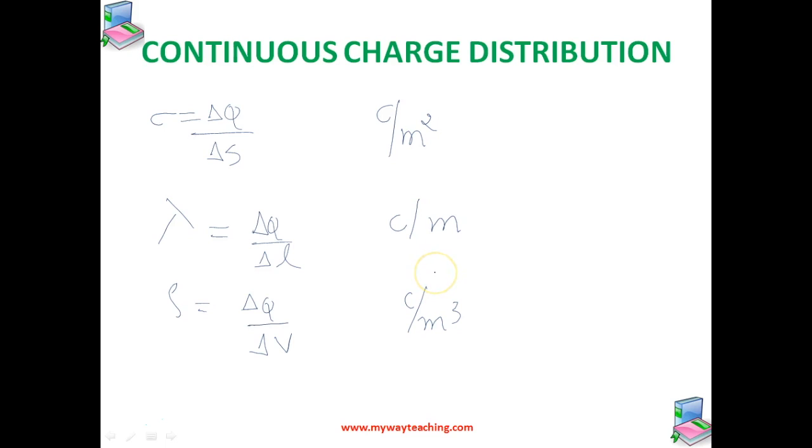And the notion of continuous charge distribution is similar to that we adopt for continuous mass distribution in mechanics. So when we refer to the density of a liquid, we are referring to its macroscopic density, isn't it? And we regard it as a continuous fluid. We will not take its discrete molecular constitution.